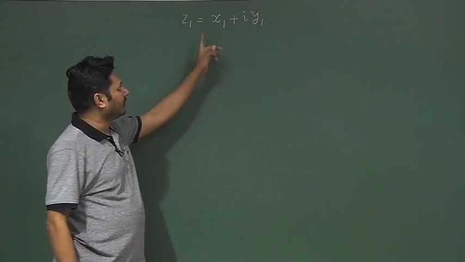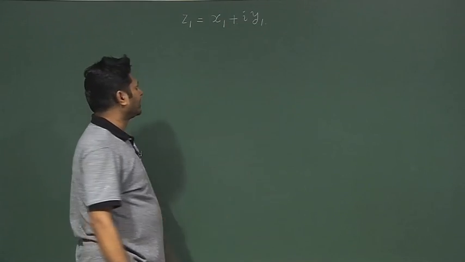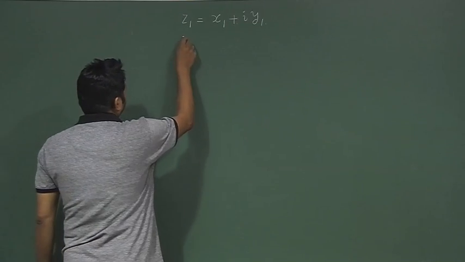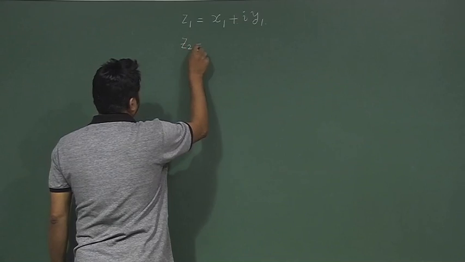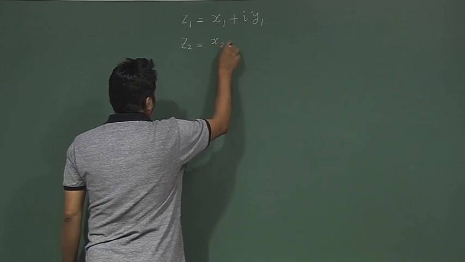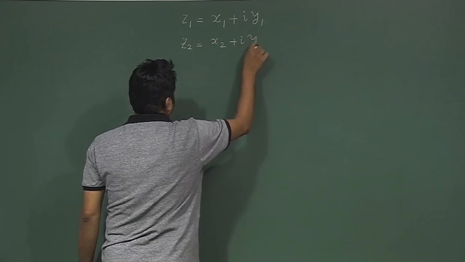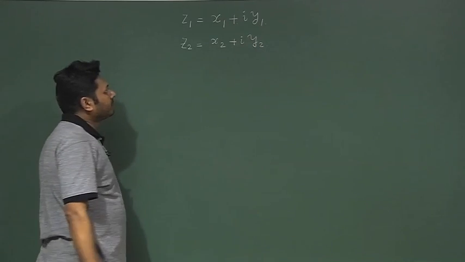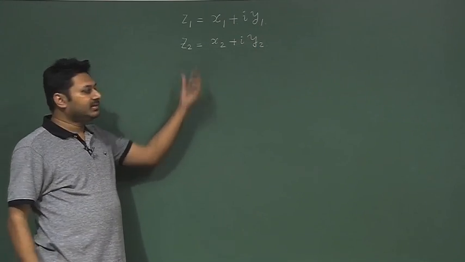where x and y are real numbers, as I mentioned earlier, and z2 is x2 plus i y2. Addition is straightforward.